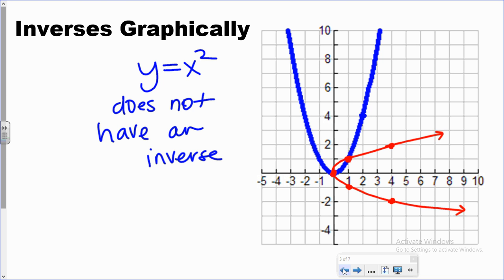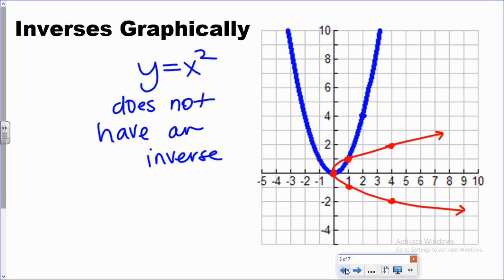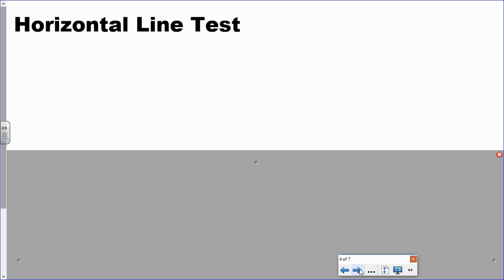Does our blue graph, does our parabola pass the horizontal line test? If we think of the same rules as the vertical line test, it can't go through more than once. The horizontal line test, it does not pass. So what do you think the horizontal line test is going to tell us?